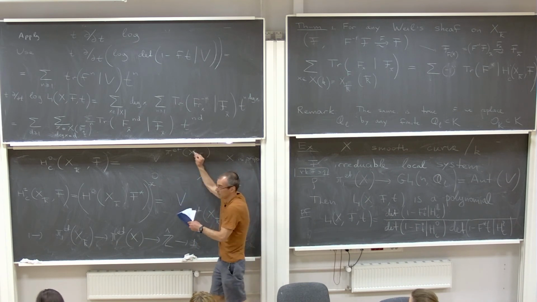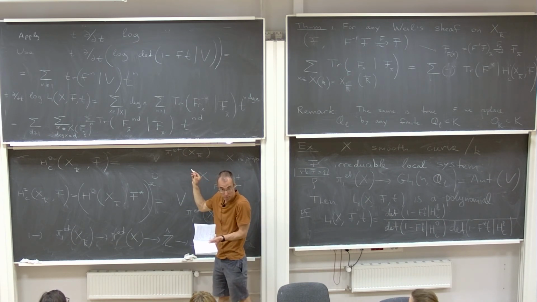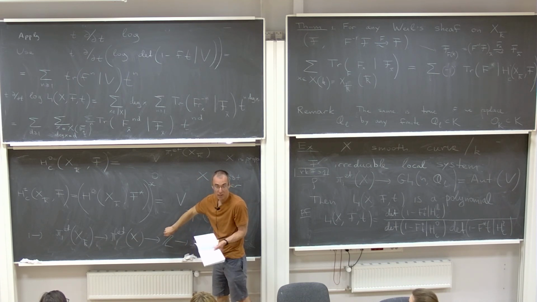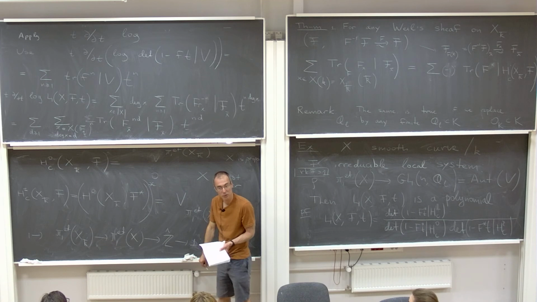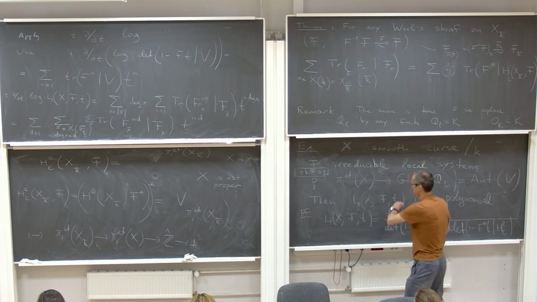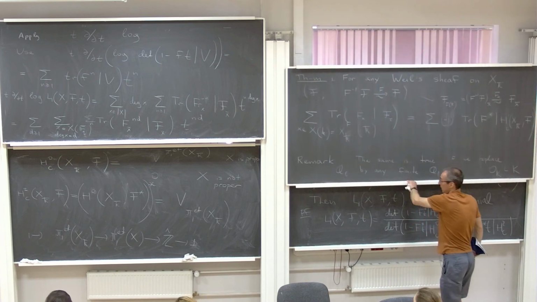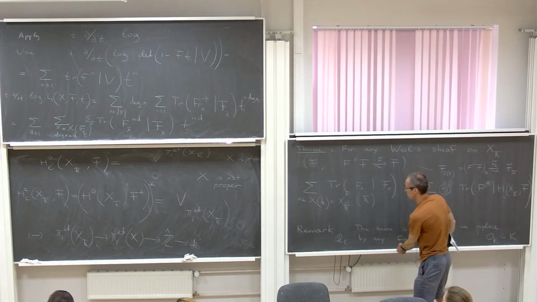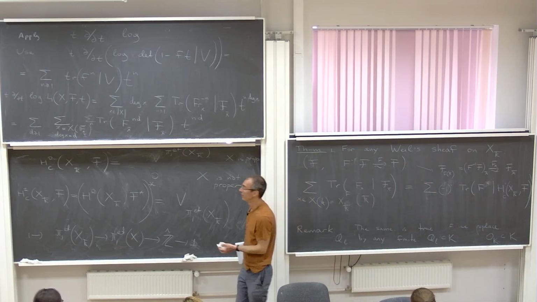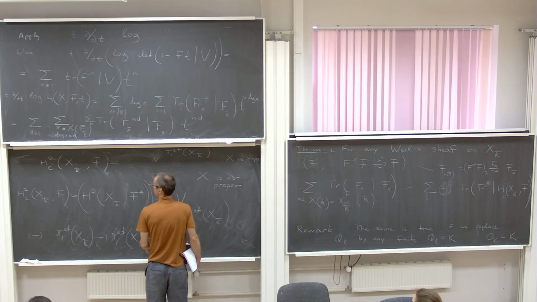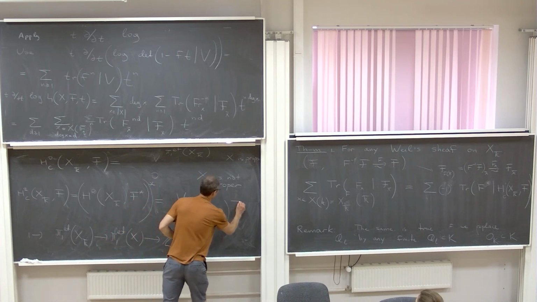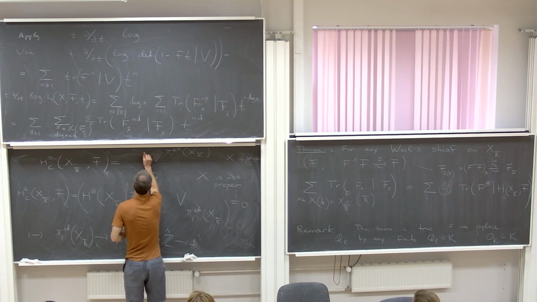So either this is the entire group, but then the action would factor through the abelian quotient Z hat, which would force F to be one-dimensional. And similarly for coinvariants. Okay, that's good. So we proved Artin's conjecture. So this is 0, and this is also 0.